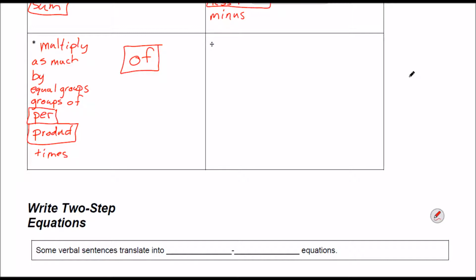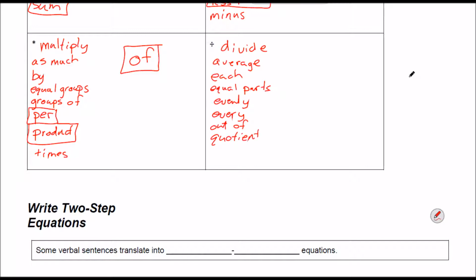Okay, and then the last type of situation we're going to use here is division. Okay, and we have divide, average, each, equal parts, evenly, every, out of, quotient, which is used a lot, ratio is used a good amount, shared equally, split, okay?